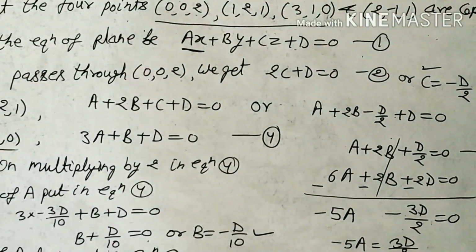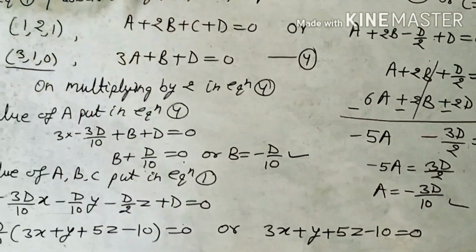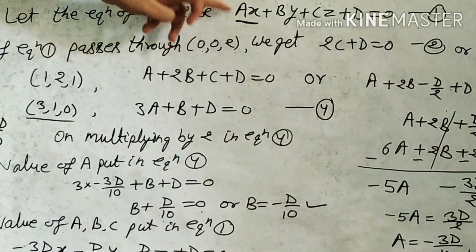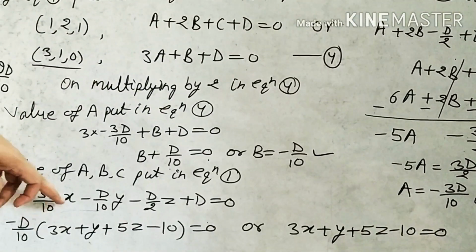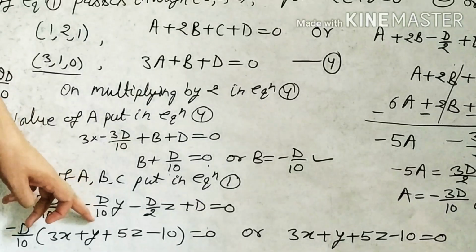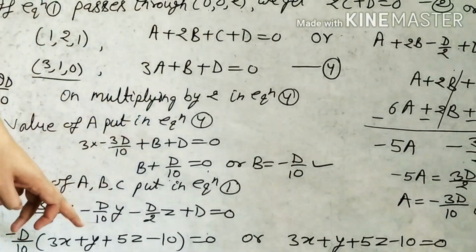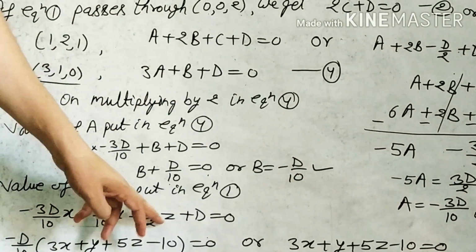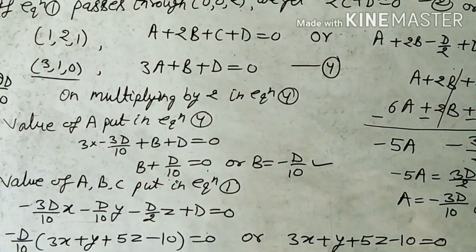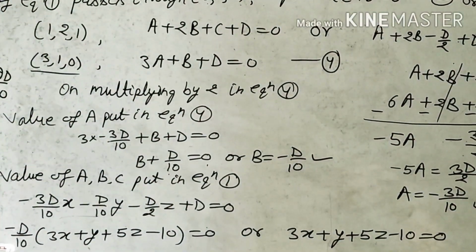Now put the values of a, b, c in equation first, that is your basic equation. A replaced by minus 3d upon 10 x, b replaced by minus d upon 10 y, c replaced by minus d upon 2 z, and d remains the same. This time we will take common minus d upon 10.